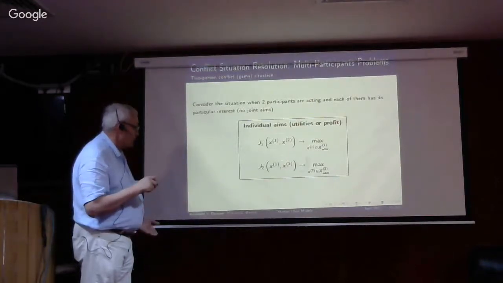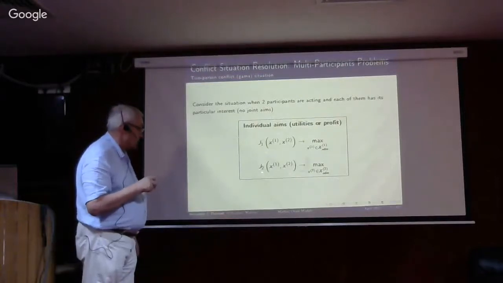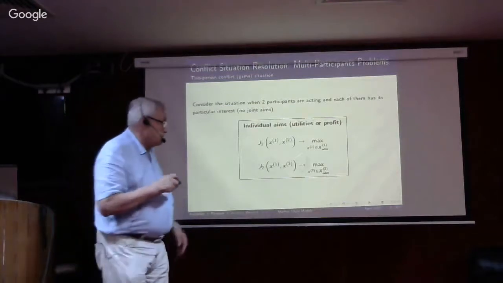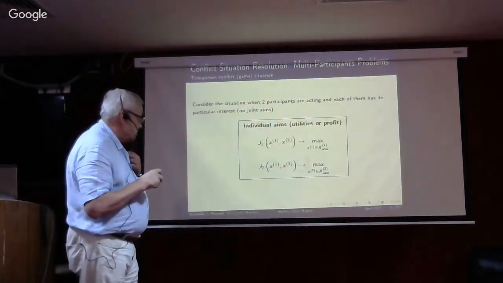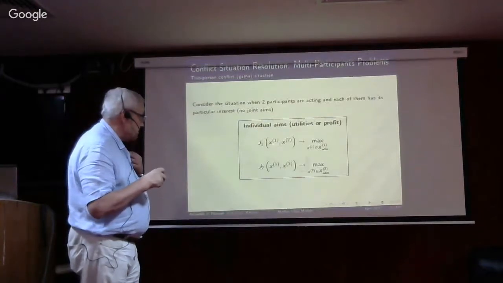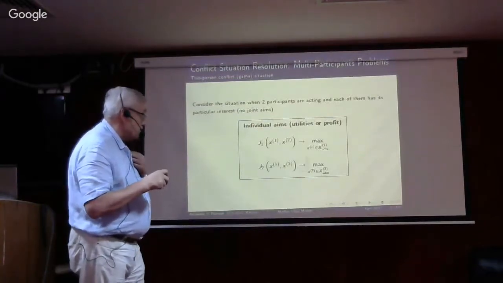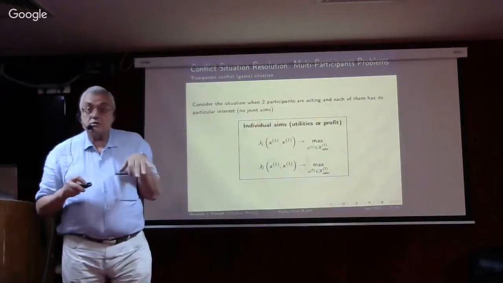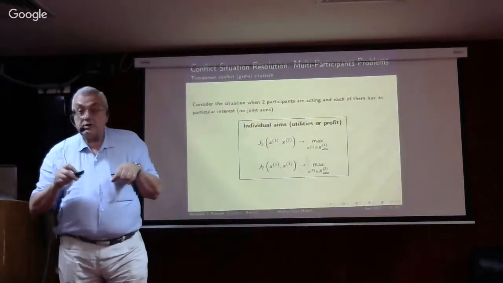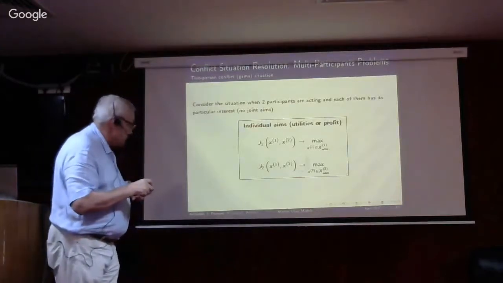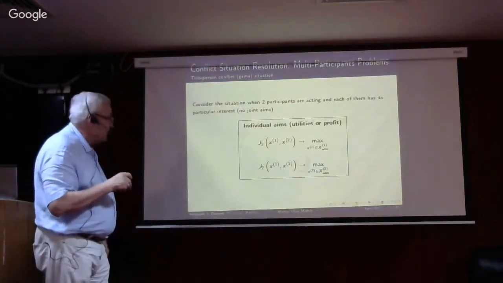And certainly with the same strategy, the other participant obtains another income. So each has an individual aim. This first participant wishes to increase his income, but he can only move his own strategy. He cannot move that of the other player.